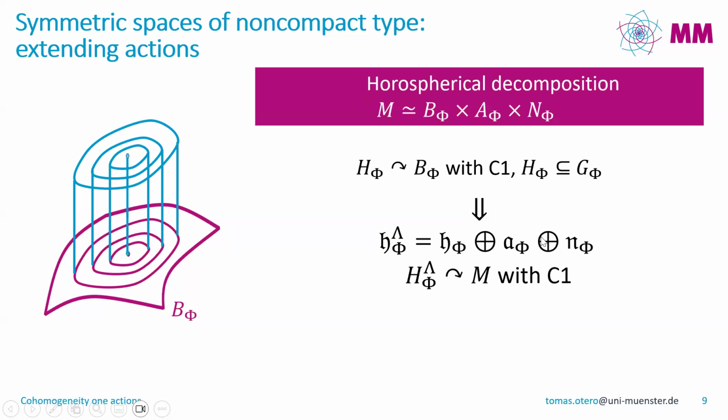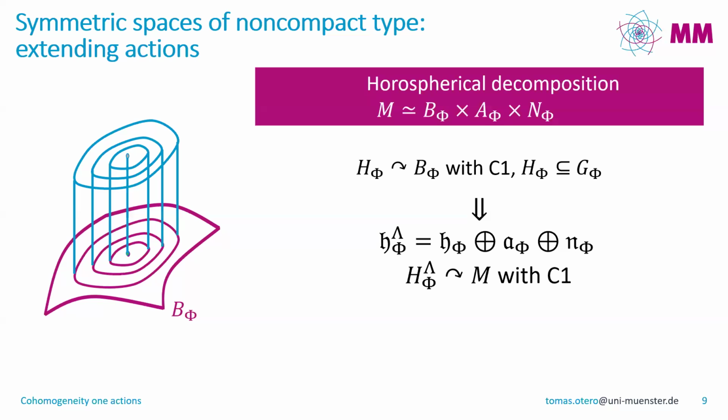And the corresponding group that you get acts with cohomogeneity one on the ambient symmetric space. What are you doing here? So essentially you are taking every orbit here on B phi and moving it along A phi and N phi.